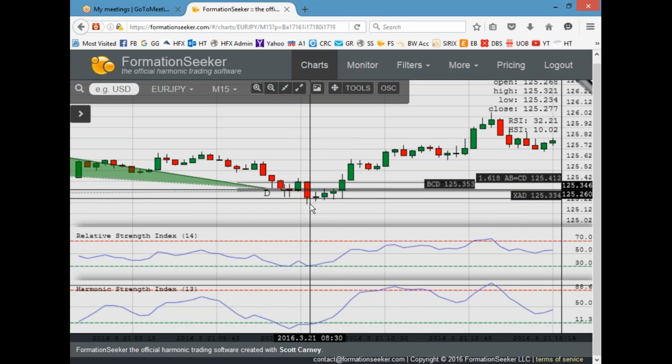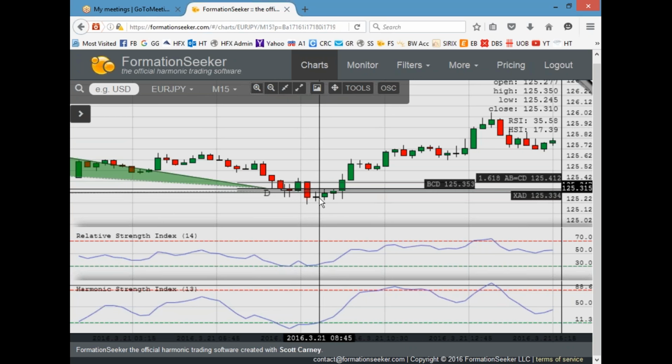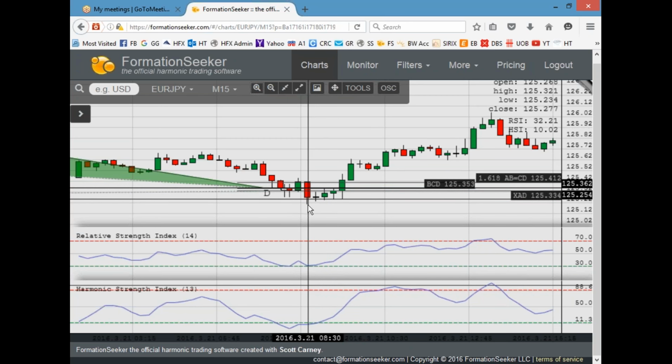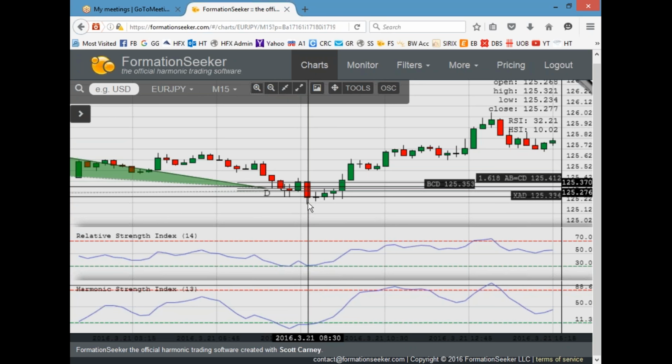So you look for the next bar. HSI is 17. Jump. So we should have entered this trade around 125.31. Yesterday we entered at 125.35, still around there.